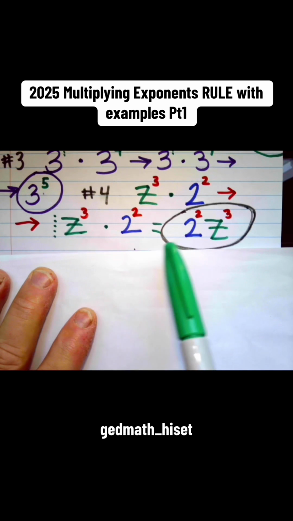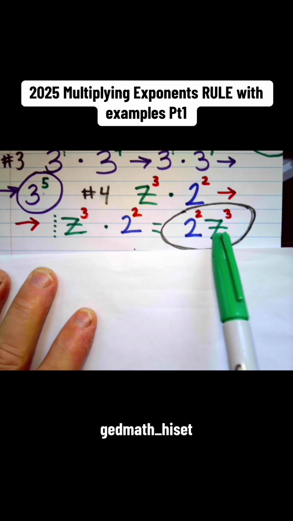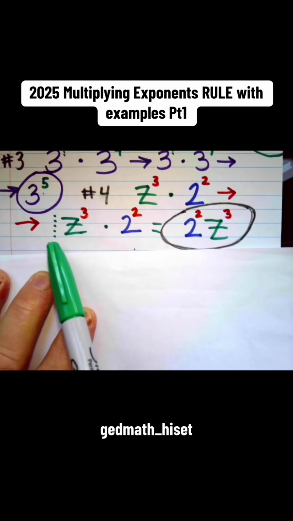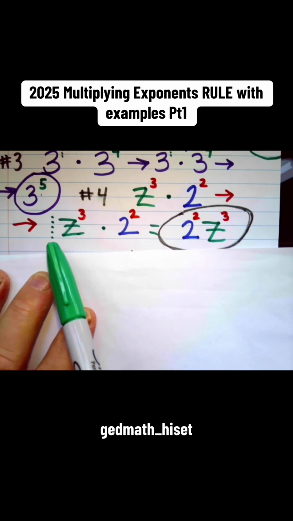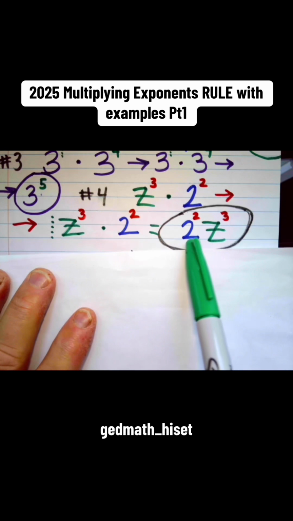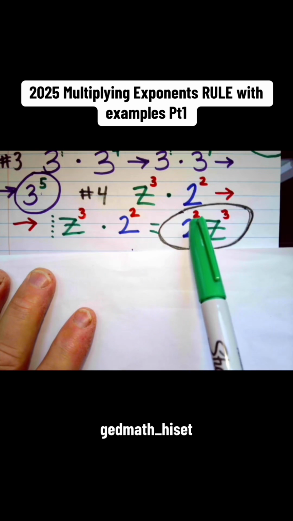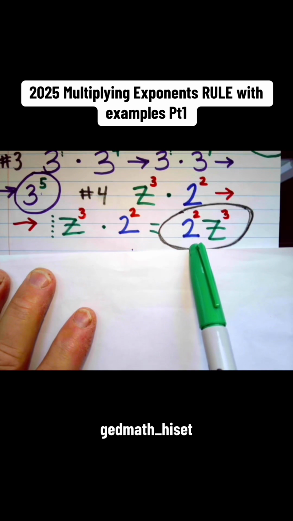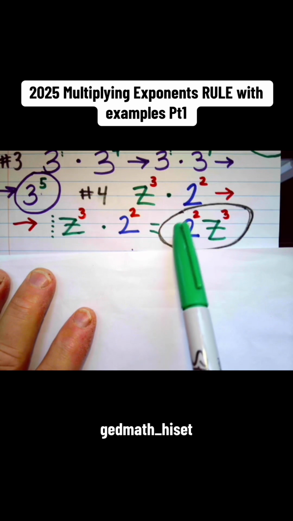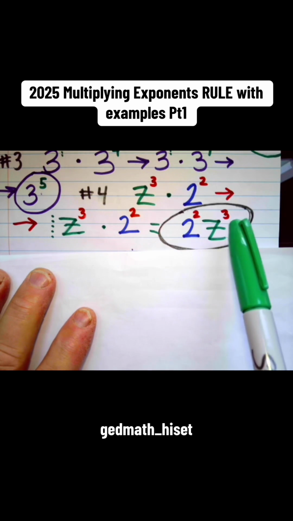Z to the 3rd power just stays attached through multiplications. Z was attached to that invisible 1. 2 times 1 is 2. And that power of 2 is attached to that coefficient now of 2, which just simply means 2 times 2. 2 times itself, 2 squared. 2 times 2 is 4z to the 3rd power.